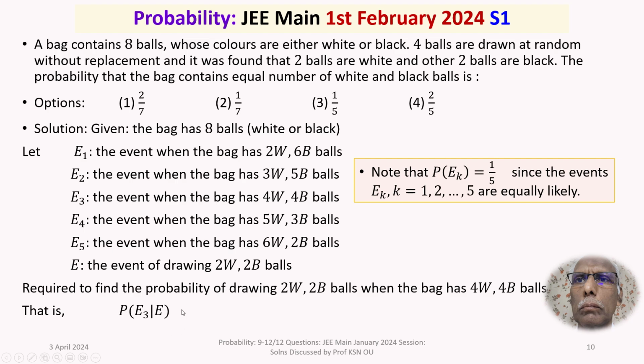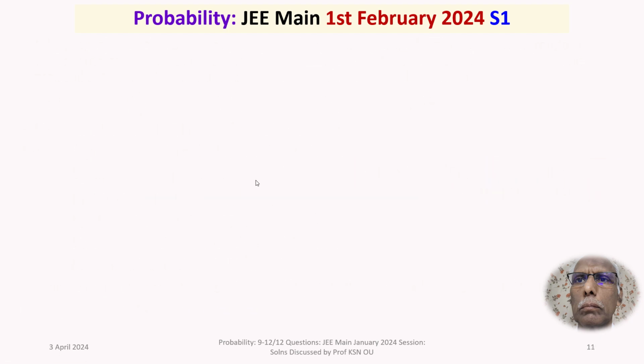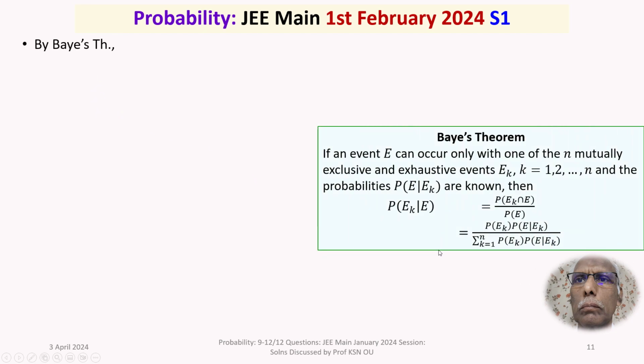So how do we write this? We continue in the next slide. So write by Bayes theorem. The Bayes theorem is here and we have already explained it to you in an earlier video.